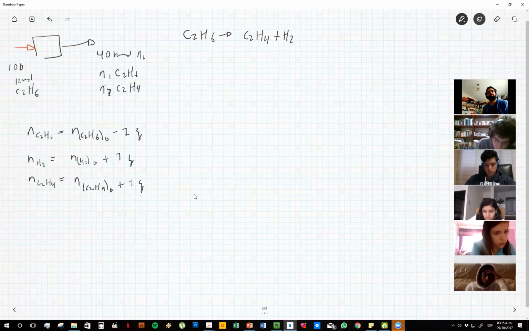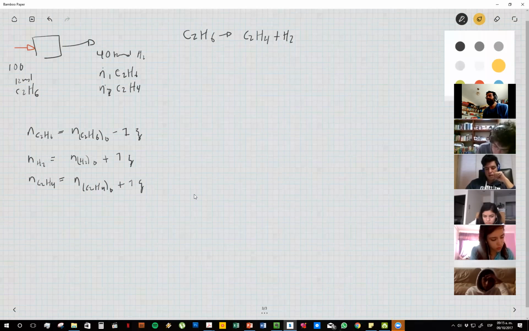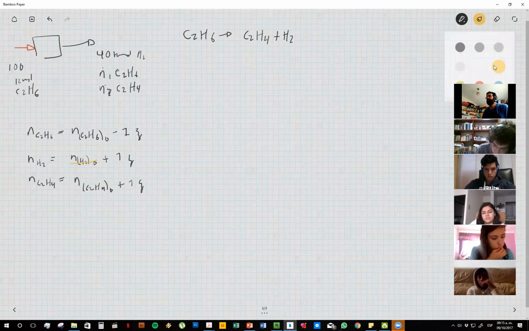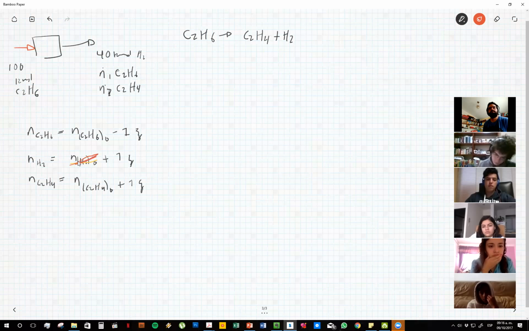Then we need to substitute the values that we do know. For example, in hydrogen, we don't have any hydrogen at the beginning, so we cross that term out. We also don't have C2H4 at the beginning.